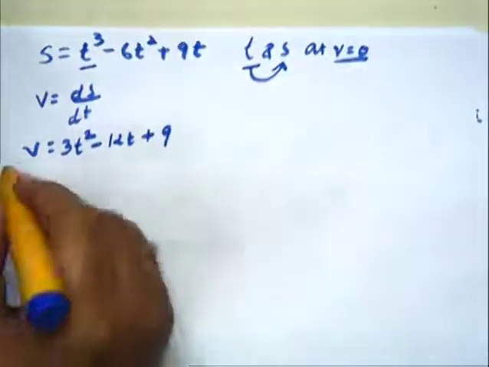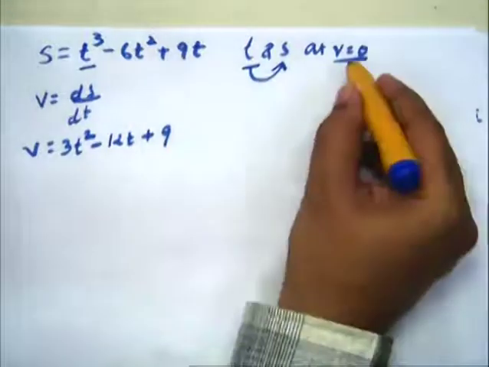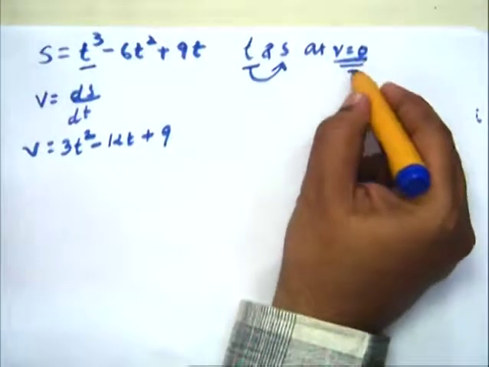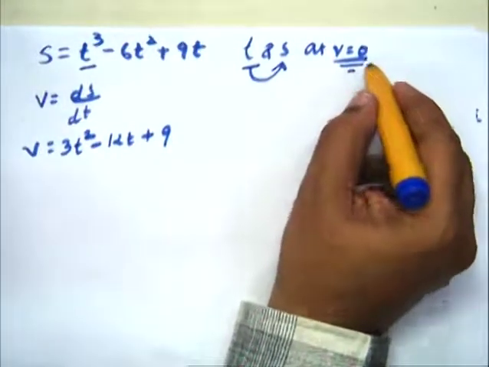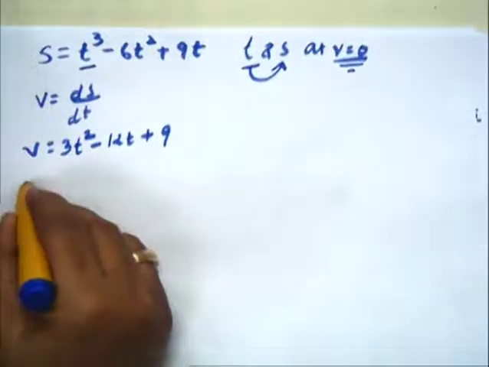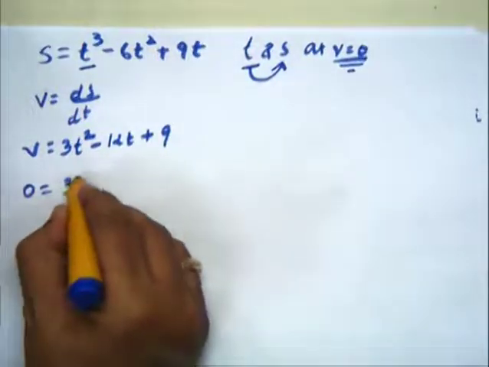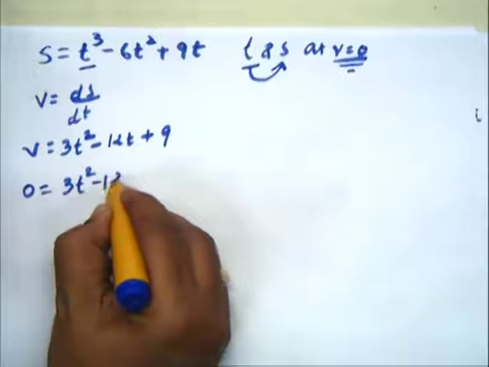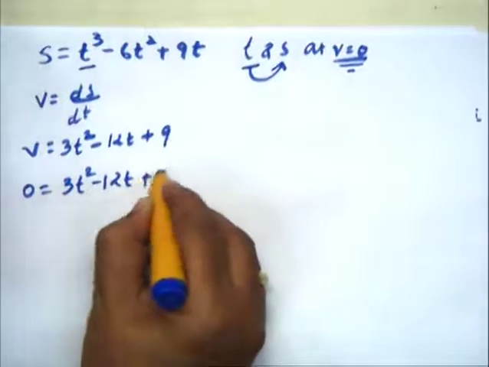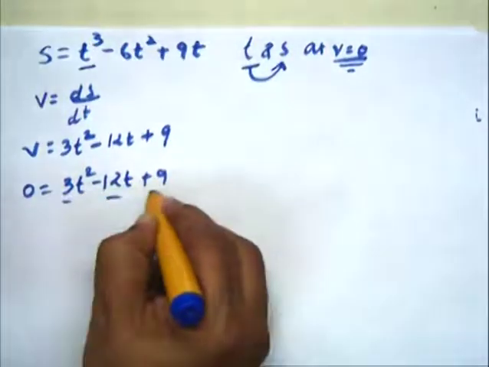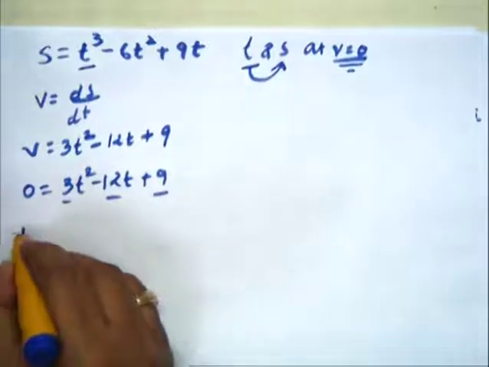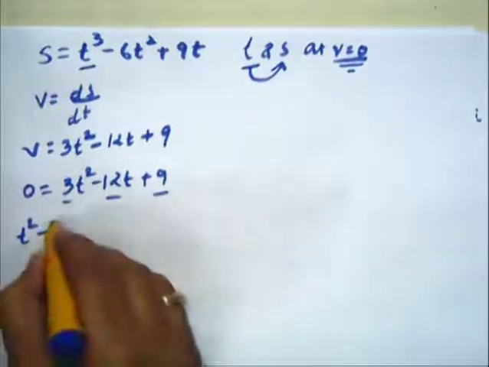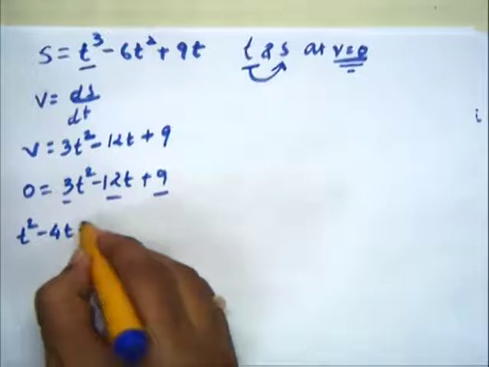Now we want to know at what time v is equal to 0. So let us put v equal to 0 here. That is 3t square minus 12t plus 9. So 3 is common from all these terms. So it is t square minus 4t plus 3.